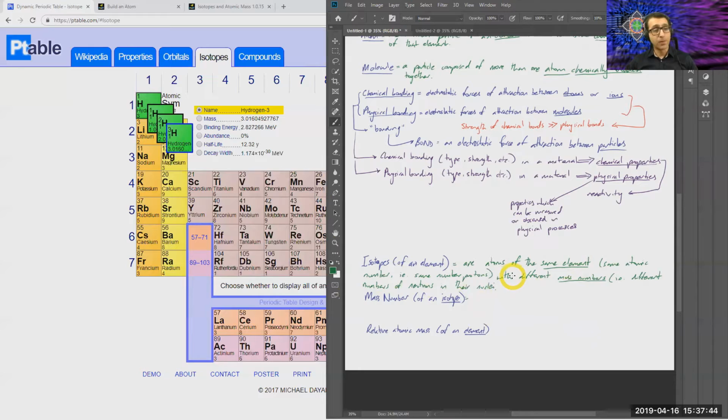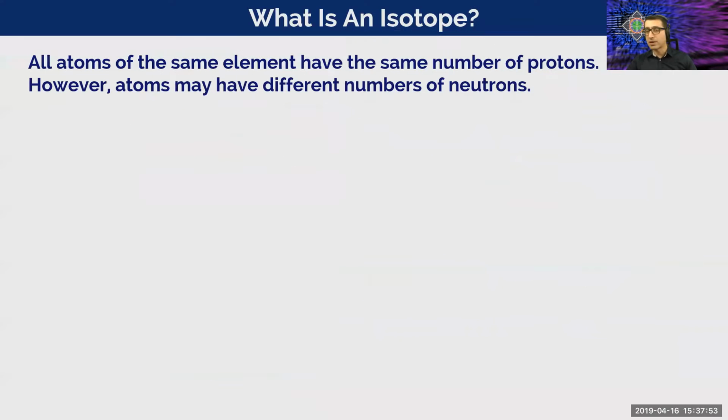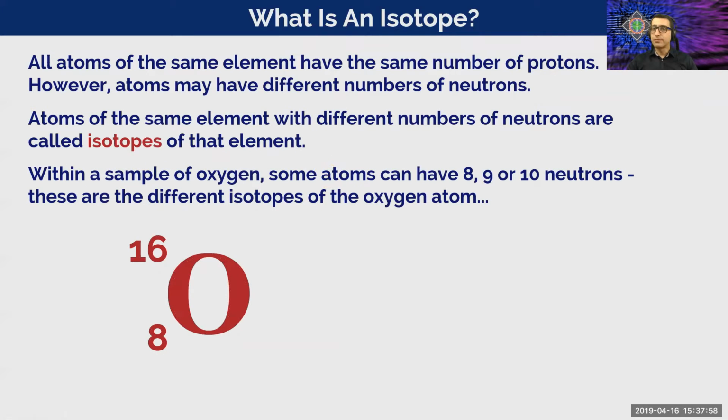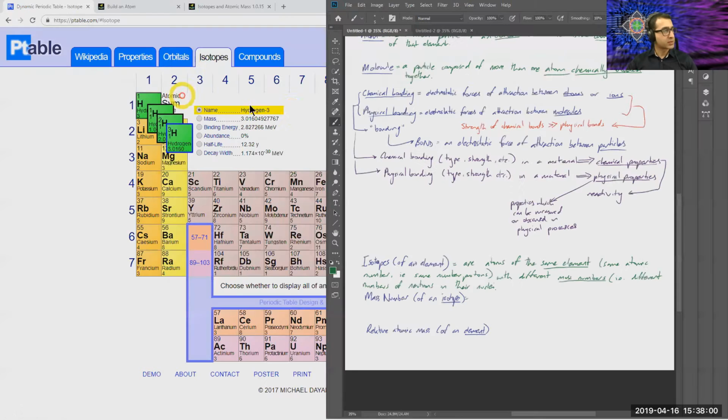Now, as we said before, the only subatomic particles which have any kind of significant mass are protons and neutrons. So let me just go back to this. Here we go.